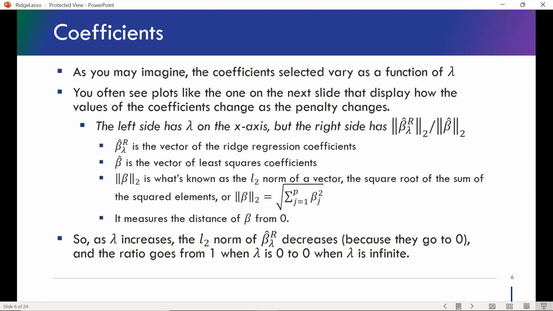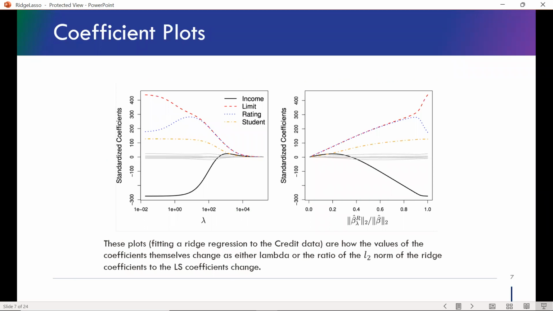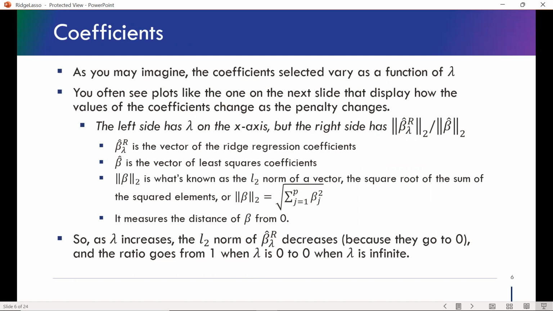We mentioned, by looking at this plot, when lambda increases, the L2 norm of this beta lambda r would decrease because they basically go to 0. They're getting closer and closer to 0.